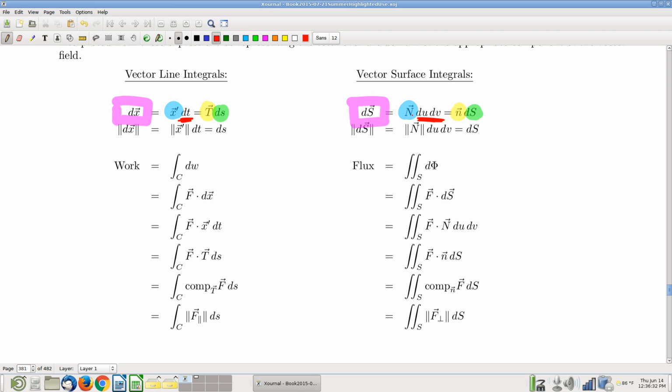Along these same lines, notice that the magnitudes play out in very similar ways.